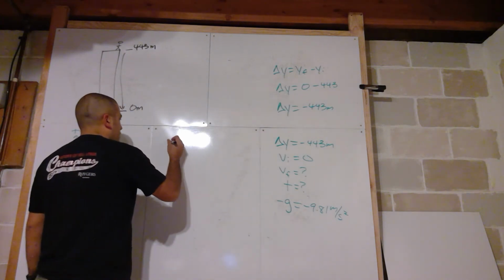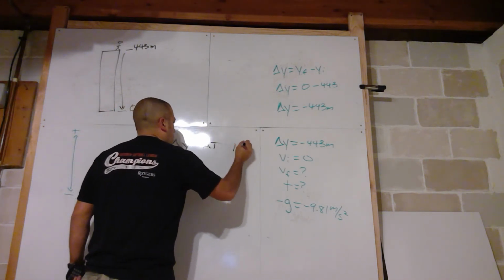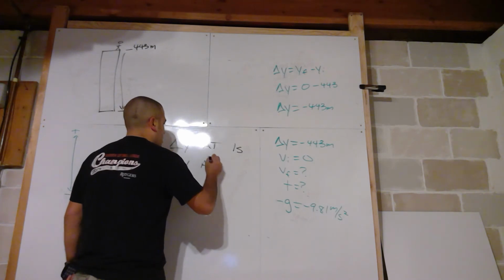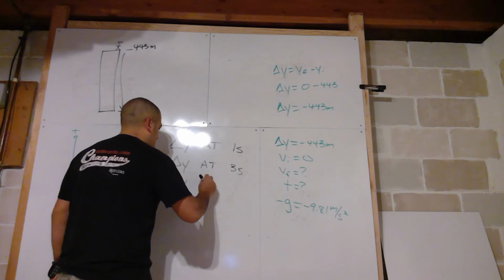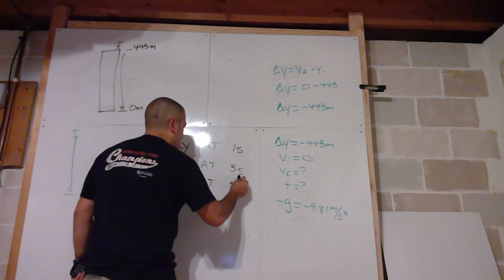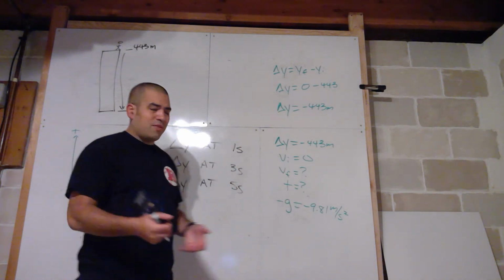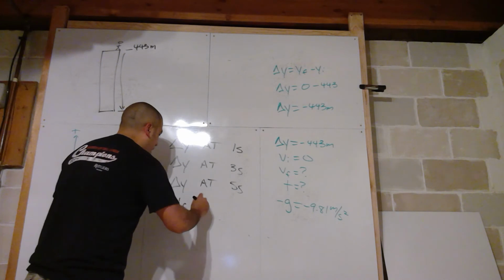So I want you to find delta y at 1 second out, delta y at 3 seconds out, and delta y at 5 seconds out. You should have enough information to do that. You may want to make a new table where delta y is unknown. That's up to you. And then the other thing we'll do is solve for VF at the same time.